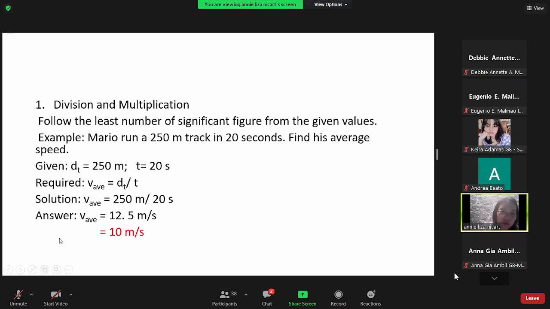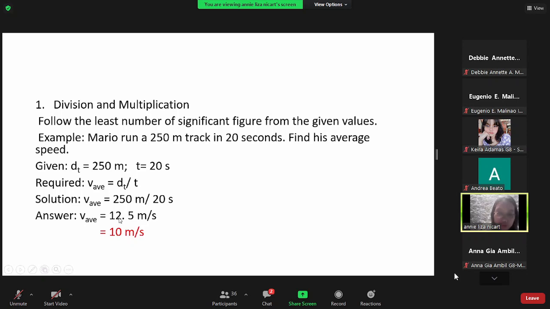Meaning, the 2 and 5 need to be removed. But they are not simply removed; you apply the rule of rounding off. What you round off to is only one significant figure. So only the first digit, the 1, should remain as the significant one.